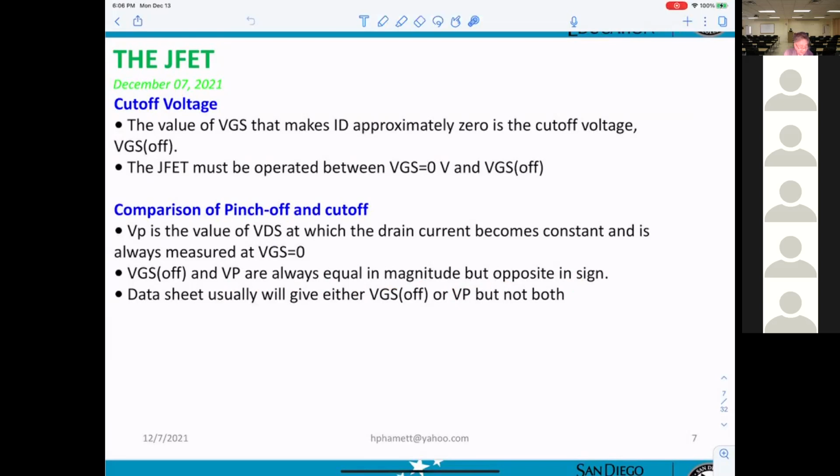The data sheet usually will give either VGS off or VP, but not both. If they give you VGS equal minus 8 volts, then VP must be plus 8 volts. That's just a definition, nothing else. And you have to follow it. Okay? Don't ask me why.